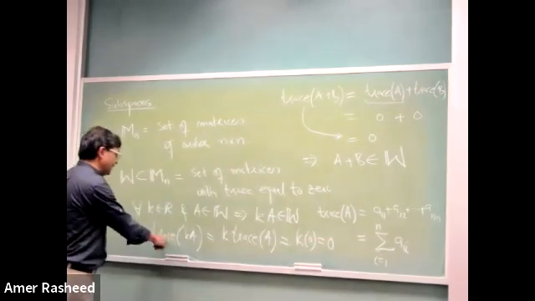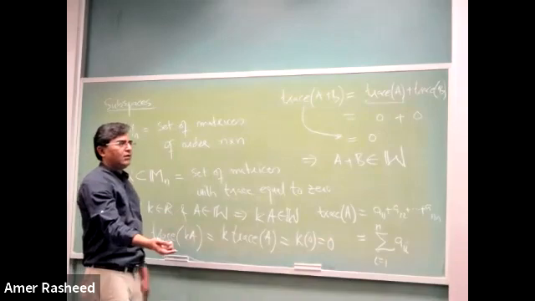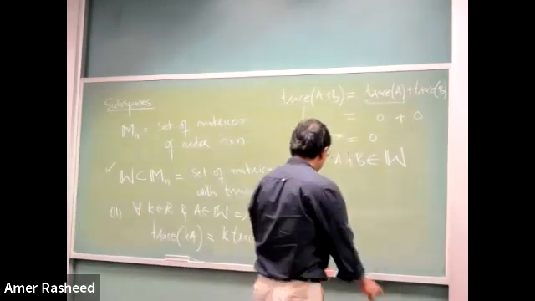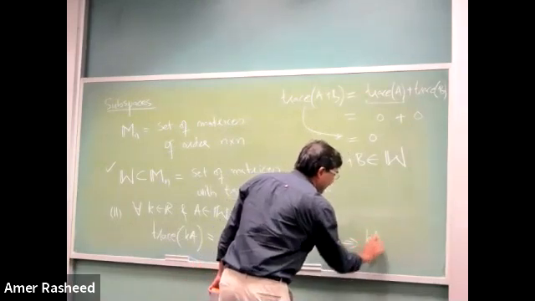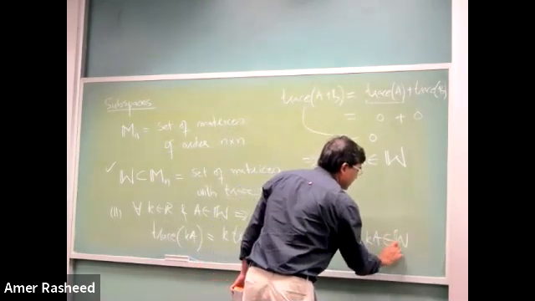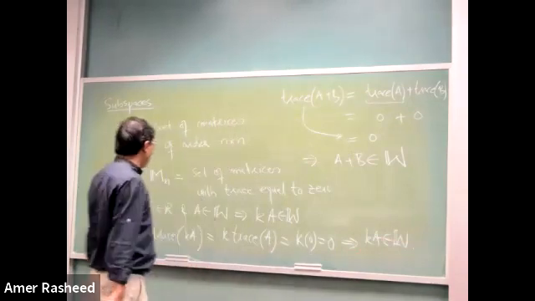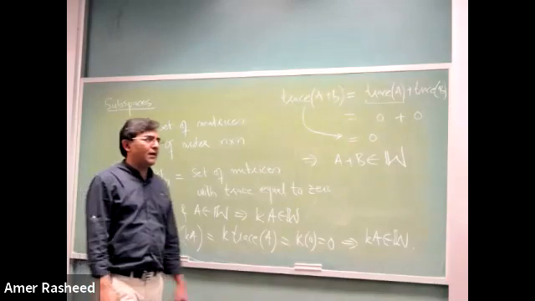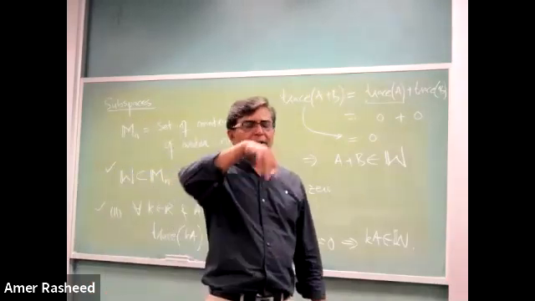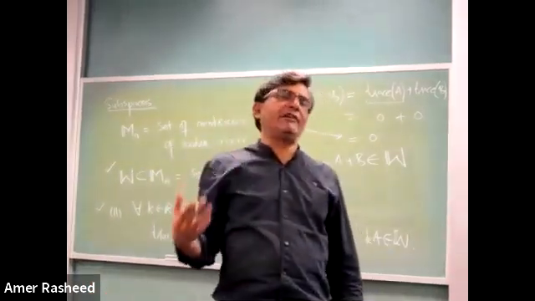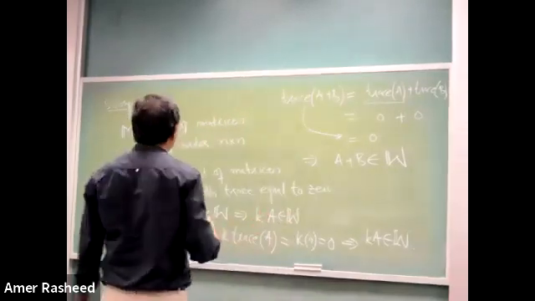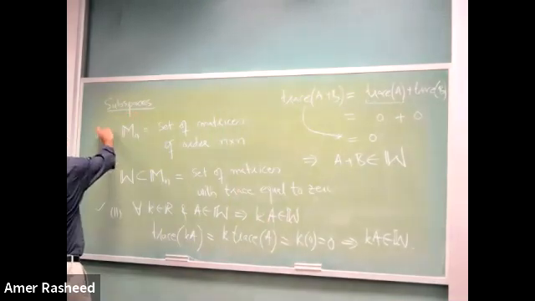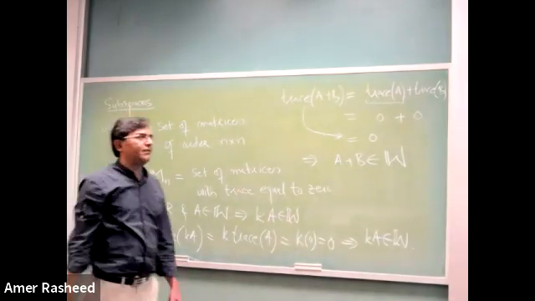It means the trace of K times A is again 0. This implies K times A belongs to W. So the closure property under scalar multiplication holds. When these two properties hold in any subset of a vector space, then we call W itself a vector space, and it is a subspace of the bigger vector space.